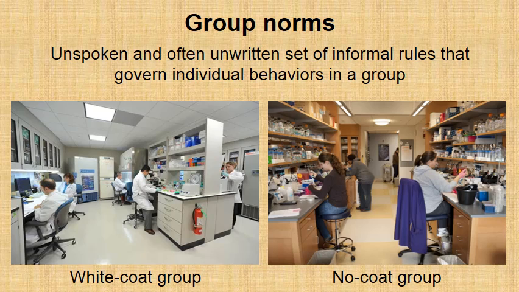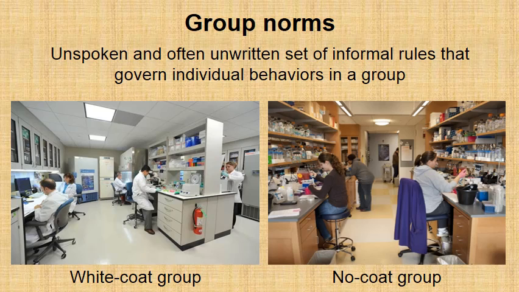This behavior is purely driven by the group norms. In the first group on the left, there is a norm that everybody respects to wear a white coat. In the other one, there is again a norm that everybody respects, and this is not to wear a white coat.